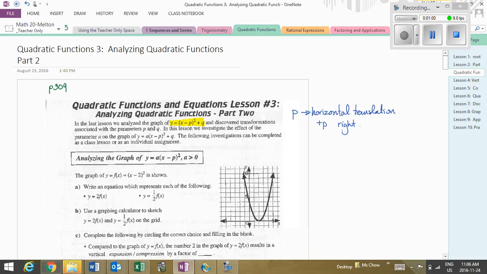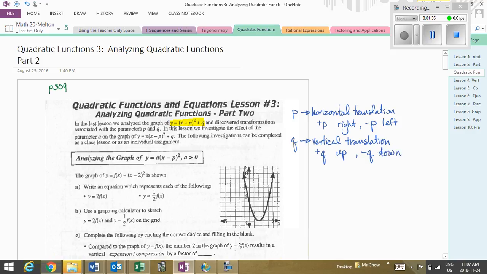If it was a negative p value, then it would be translated to the left. With q, we're looking at a vertical translation. And as expected, if we have a positive q value, the quadratic will be translated up q units, and if we have a negative q value, it will be translated down q units.